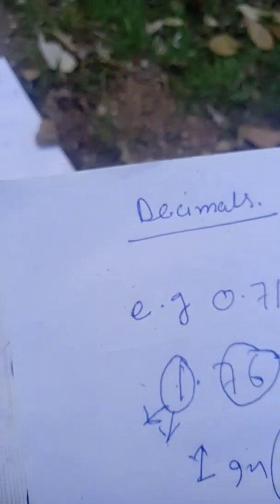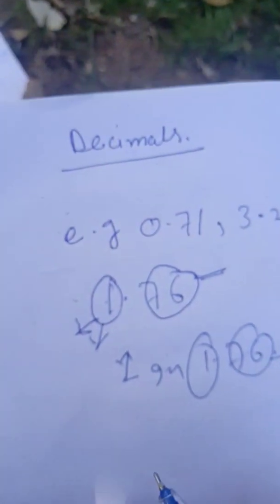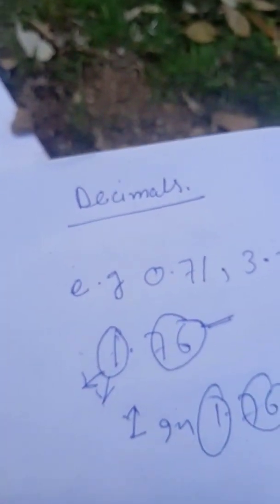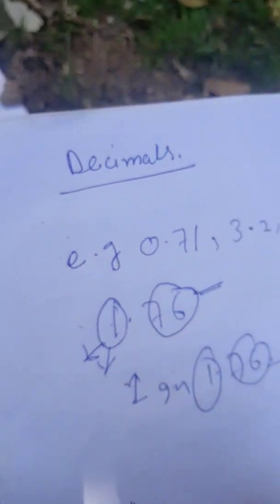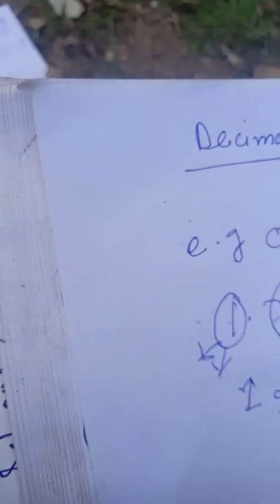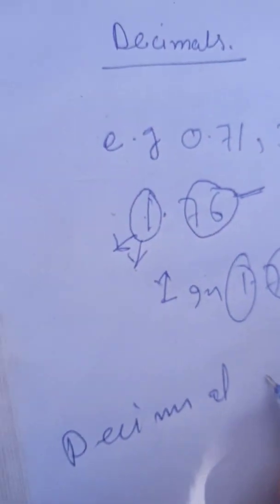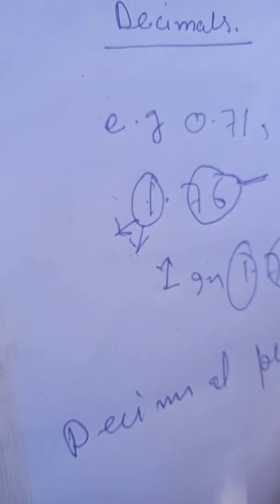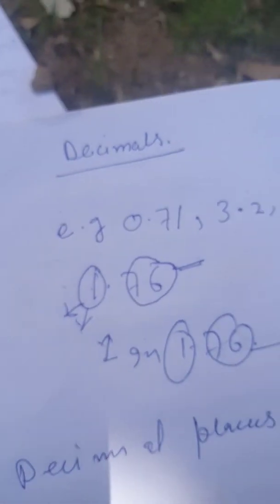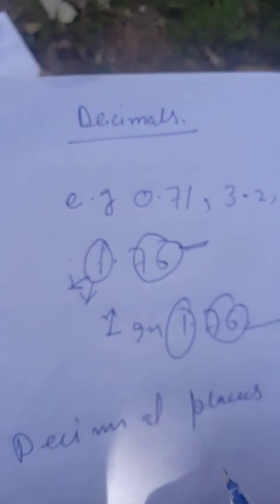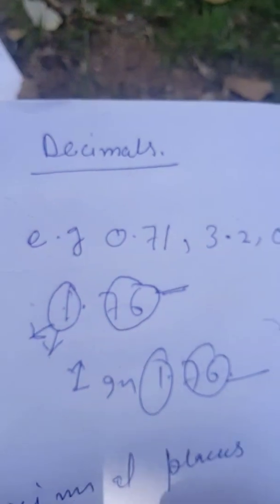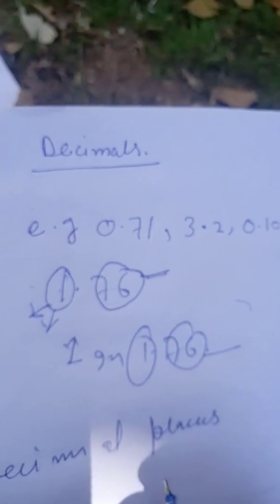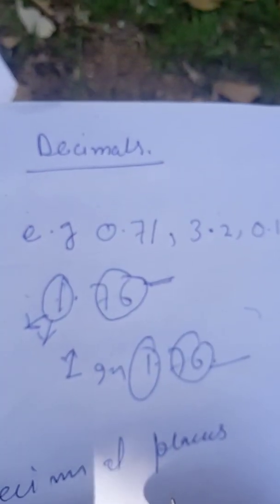So students, now I am going to the next topic, decimal places. Students, what is decimal places? The number of digits contained in the decimal part of the decimal gives decimal places.